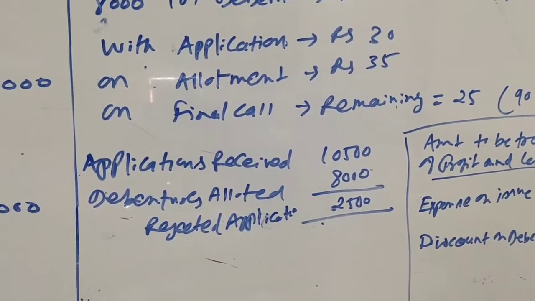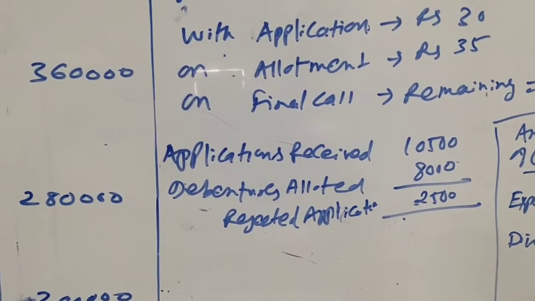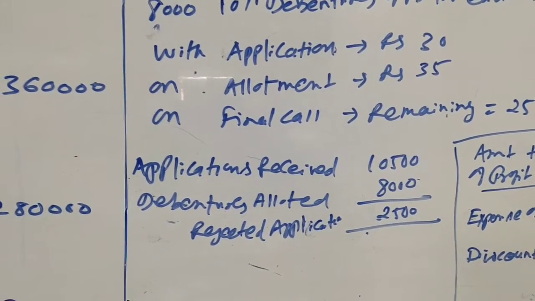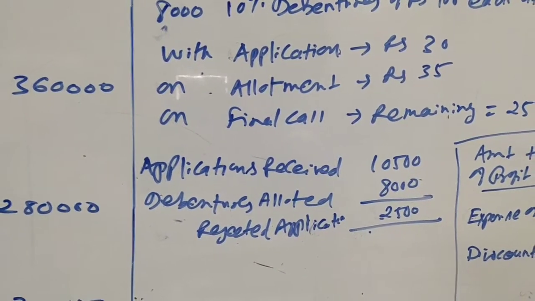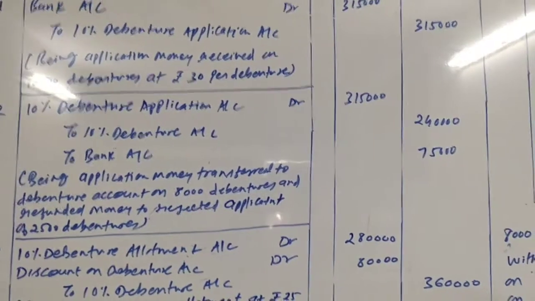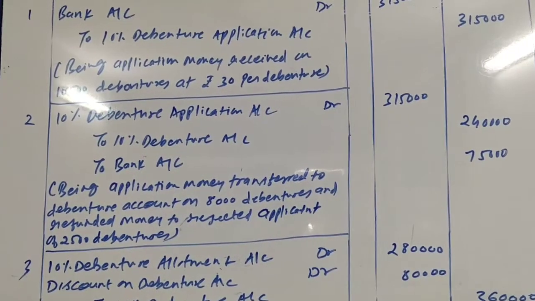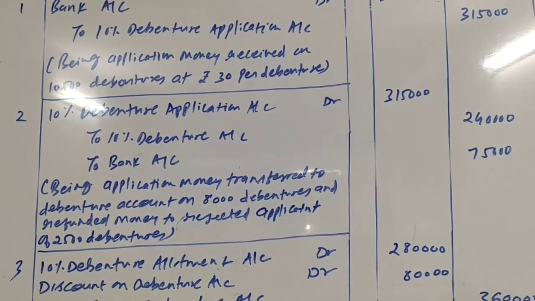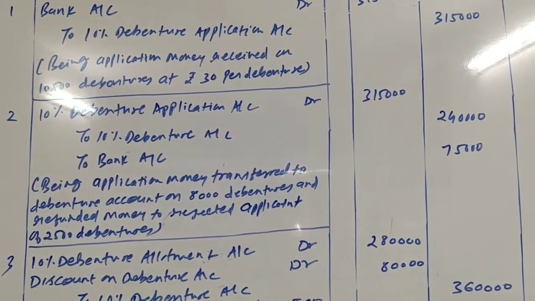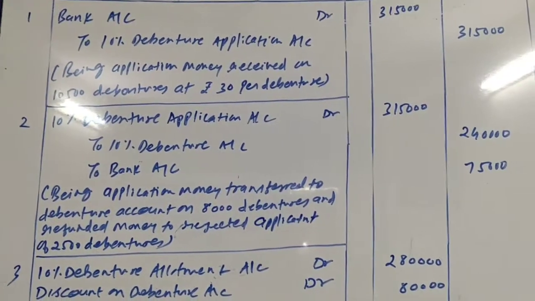So 2,40,000 will be transferred to debenture account, and for the remaining 2,500 rejected applications the money will be refunded. 2,500 into 30 is 75,000, which will be credited to bank account. So here it is: to debentures account 2,40,000 and to bank account 75,000, being application money transferred to debenture account on 8,000 debentures and refunded to the rejected applicants of 2,500 debentures. Okay friends, so this was all about application money.